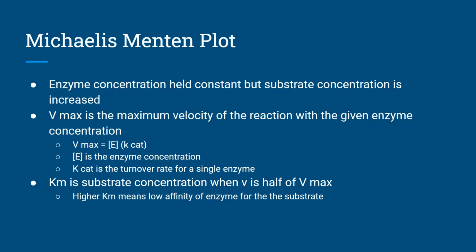The enzyme has a low affinity for the substrate, which makes sense, since if you need more substrate concentration in order for the enzyme to bind to the substrate and catalyze the reaction, then the enzyme doesn't really have a high affinity for the substrate. While if you have a low Km, that means you only need a small amount of substrate for the enzyme to be working at half its maximum velocity. So only a small amount of substrate is needed to reach half of Vmax.